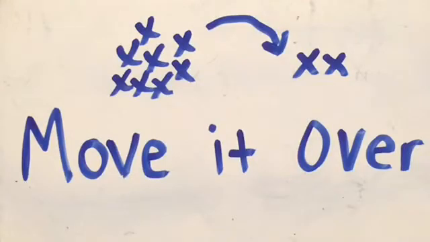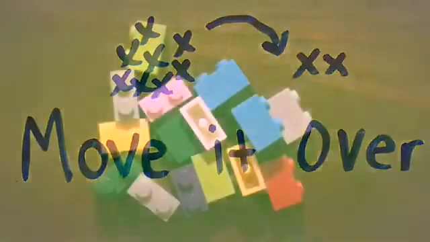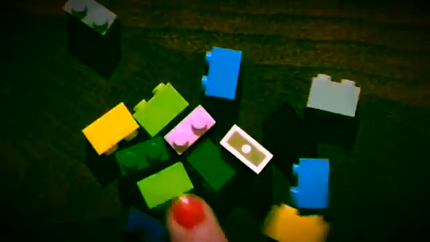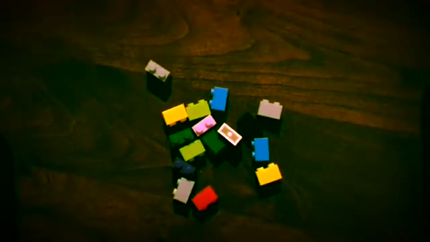Another way to count things is to move them over while you count. If I leave these Legos in a messy pile, I might accidentally count the same Lego twice.